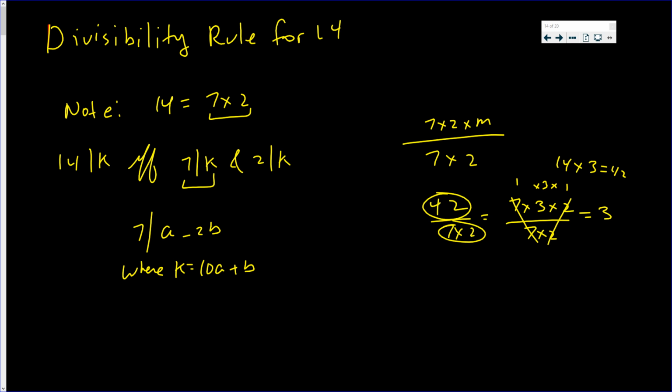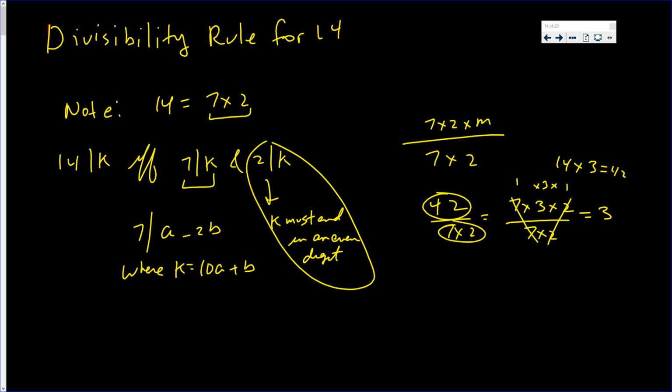And k must end in an even digit. That's the rule for 2, and this is the rule for 7.